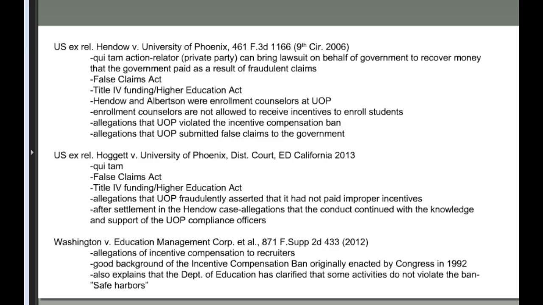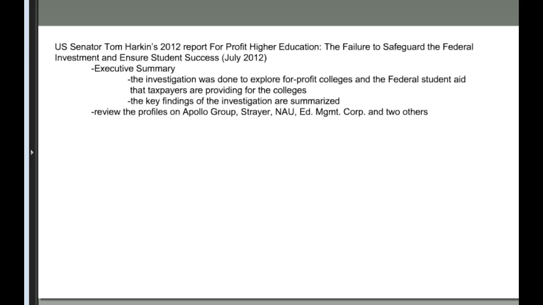And then the last area of interest is the Senate report on for-profit higher education. The title of this is Failure to Safeguard the Federal Investment in Student Success. What they're looking at in this report is that all of the taxpayers who are paying taxes to the federal government, that tax money is being used to invest in students' education.